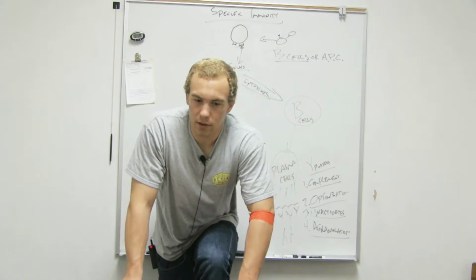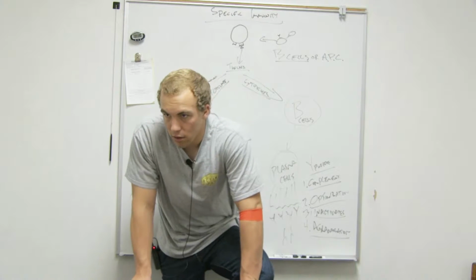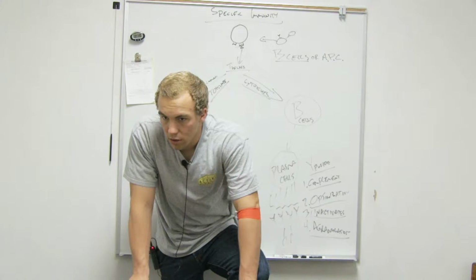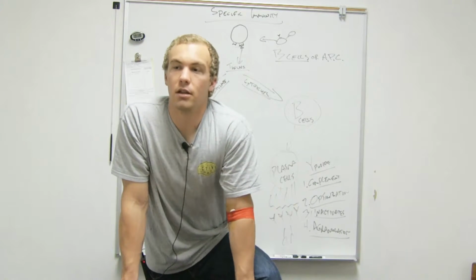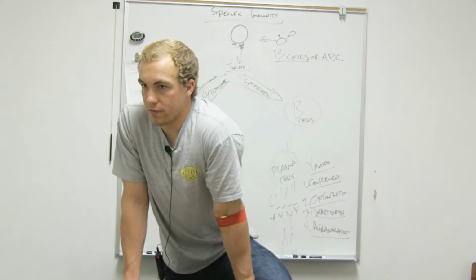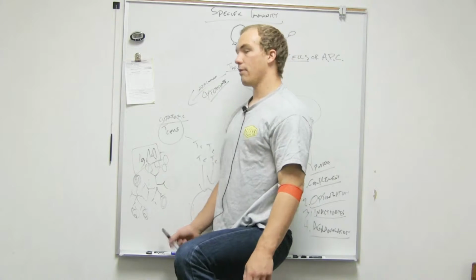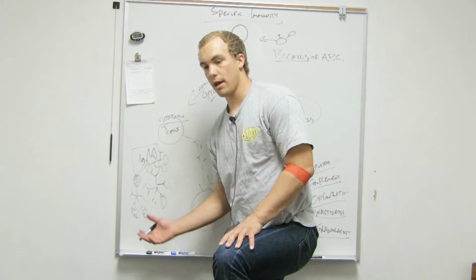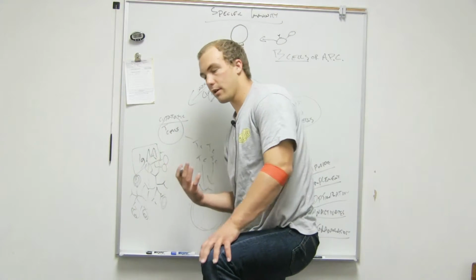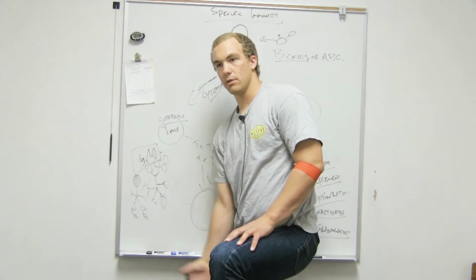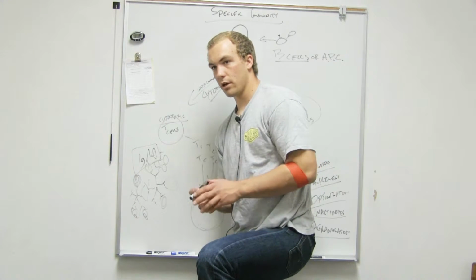And does that make sense why your lymph nodes swell? Your lymph nodes swell when there's an infection because you have clumping in the area. Yeah, but it's not only that, you also have a huge mass influx of B cells within the lymph nodes, so it's starting to grow, right?